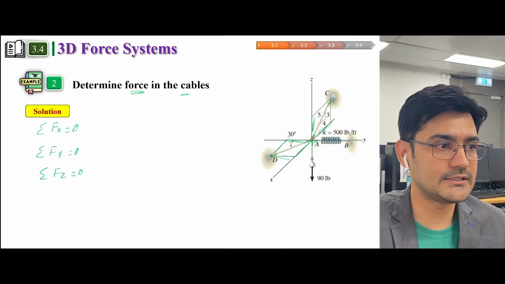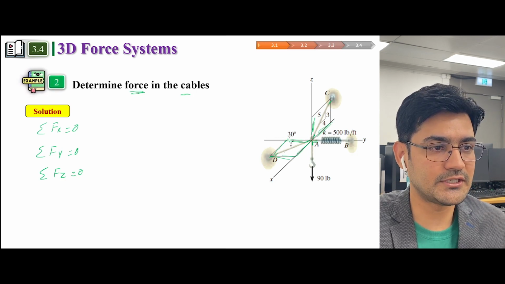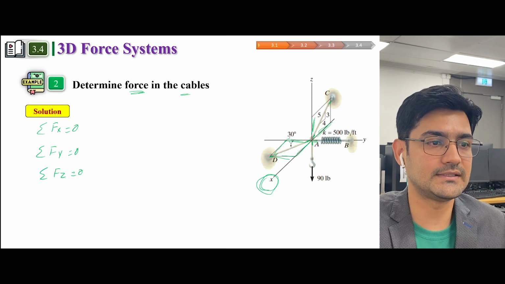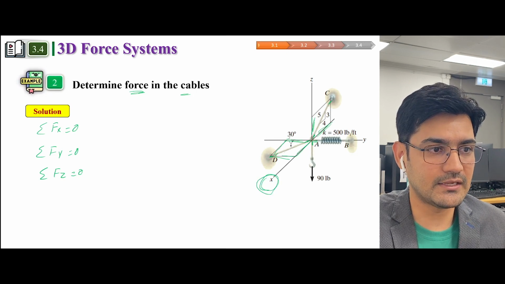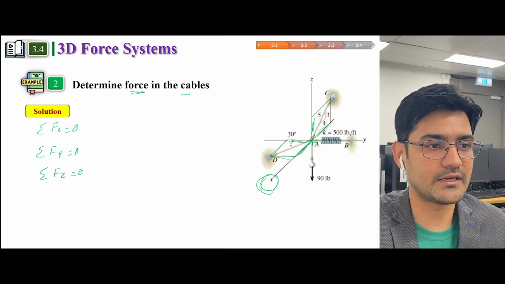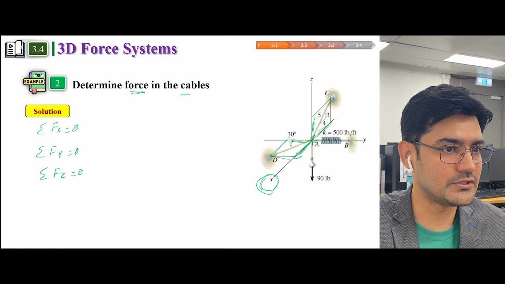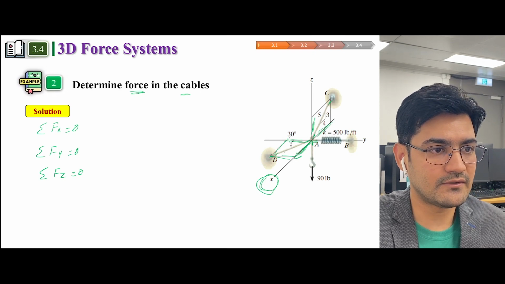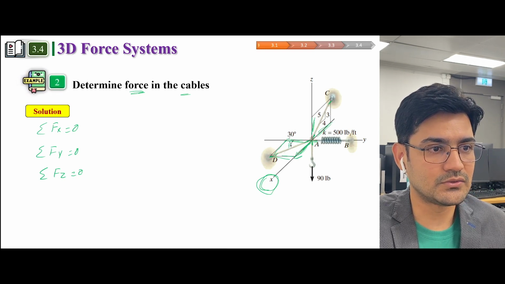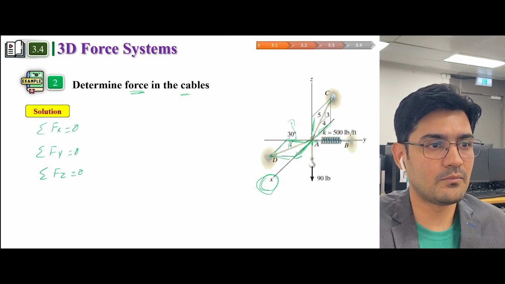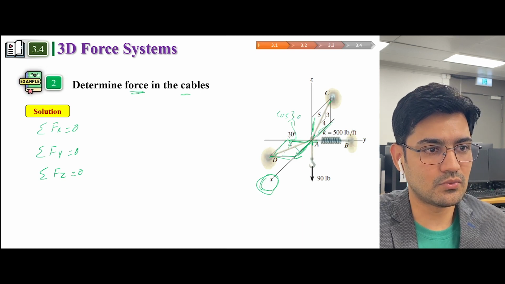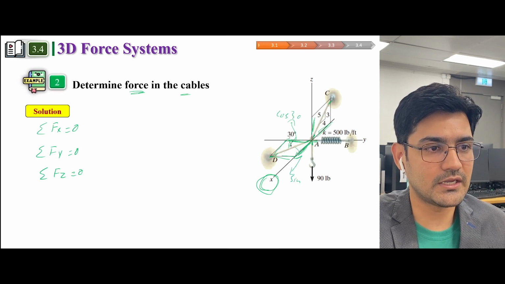So let's just try to see how many forces are acting along x-axis. So one is pretty clear, this D. This is the component of D which is acting on x-axis. So let's just try to resolve this one. So we have 30 degree here. So this is the component with cos of 30 degree, and this would be the component with sine of 30 degree.